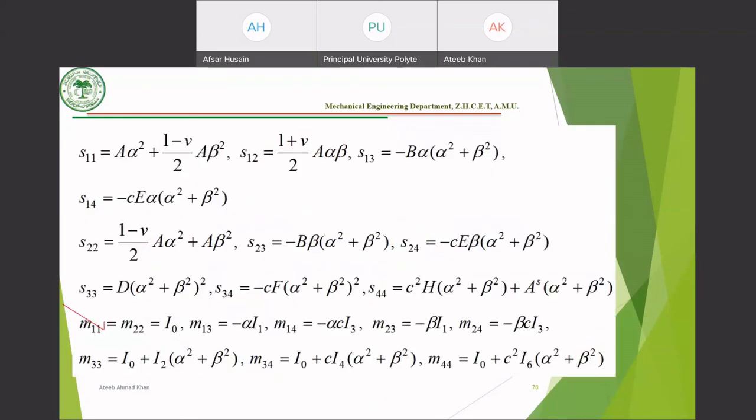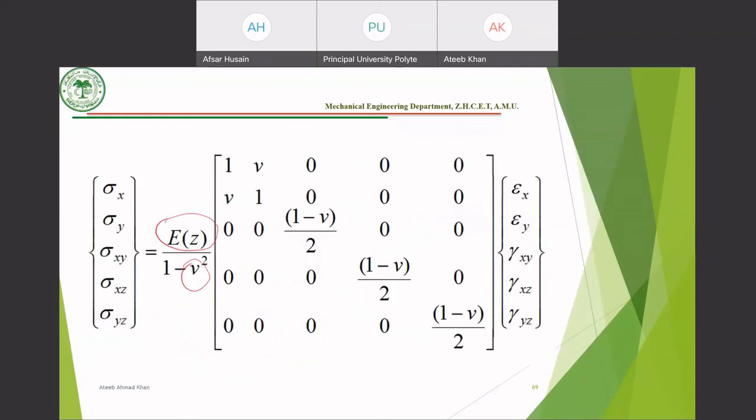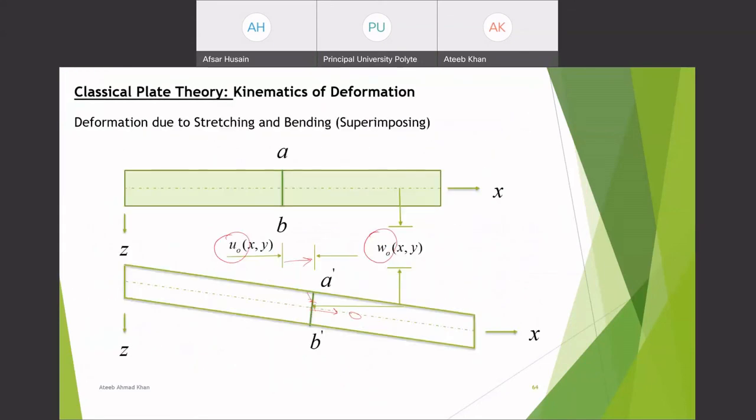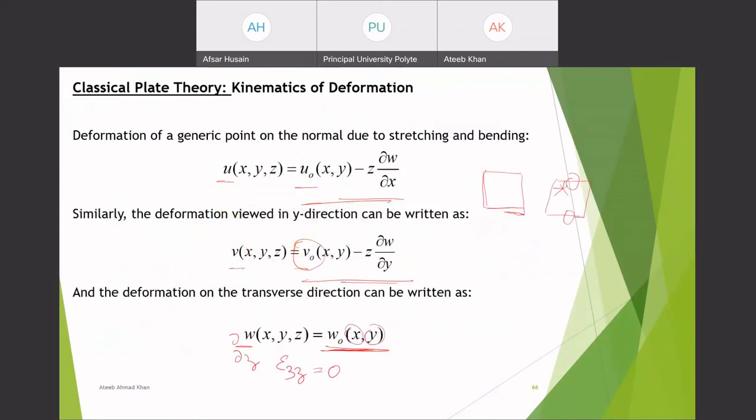I got your question. Let me move on to that slide again. So you are asking that just by looking at the displacement fields, how can I say that the assumptions are met? If I am right, is this your question? Yes, this is the same.